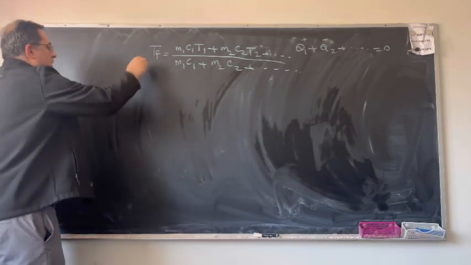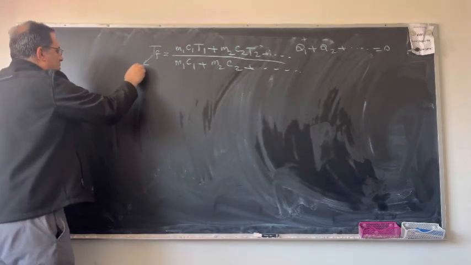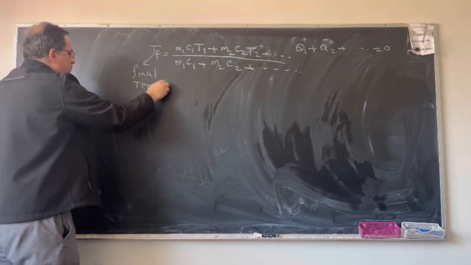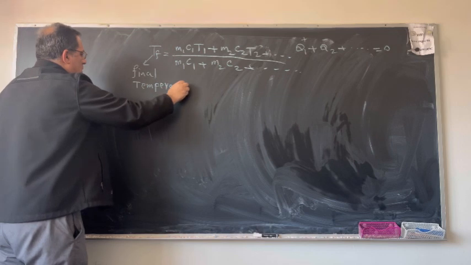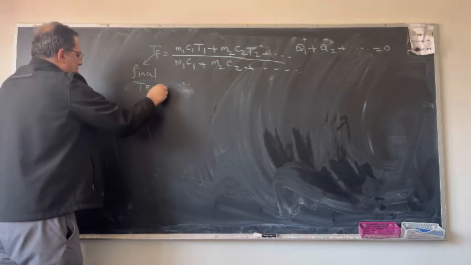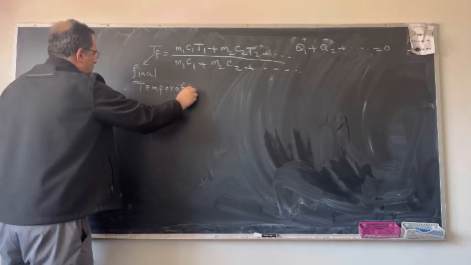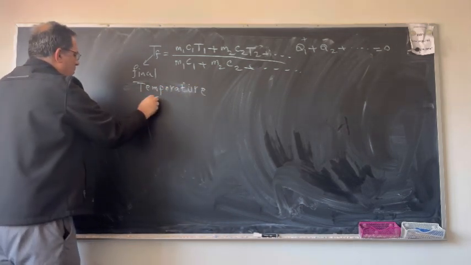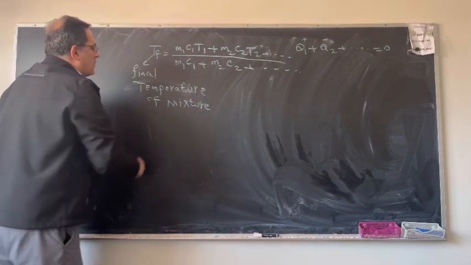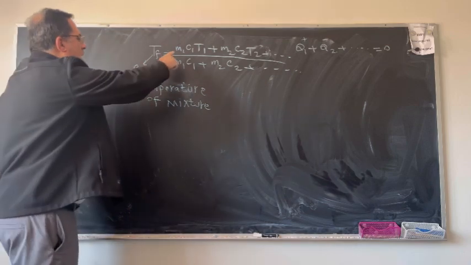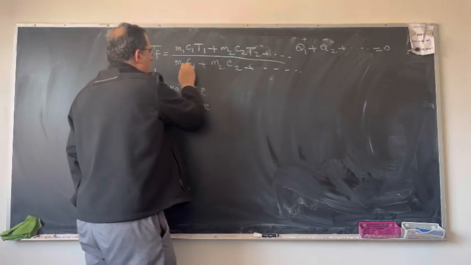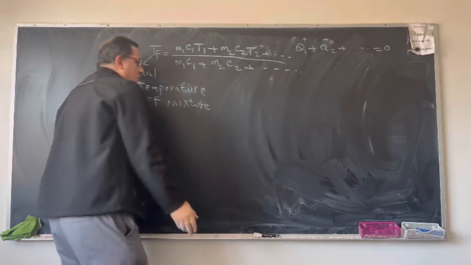TF is the final temperature of the mixture. This is the top: M1 C1 T1 for two or more substances, over M1 C1 plus M2 C2 and the rest.